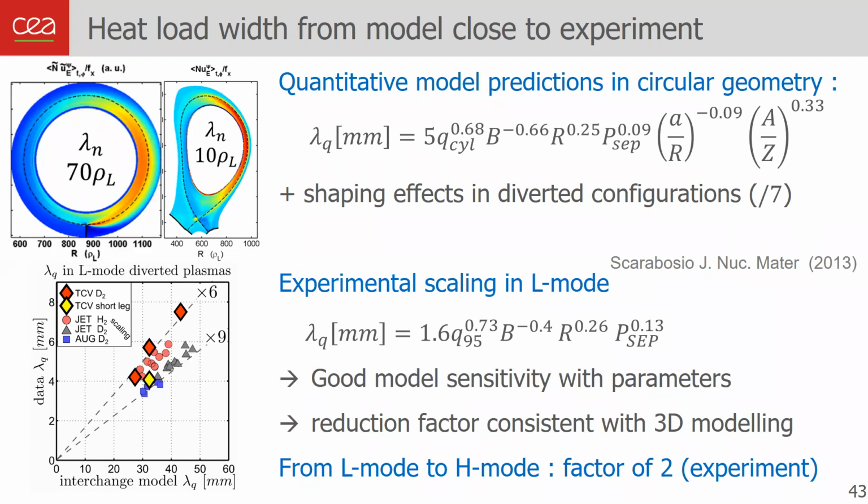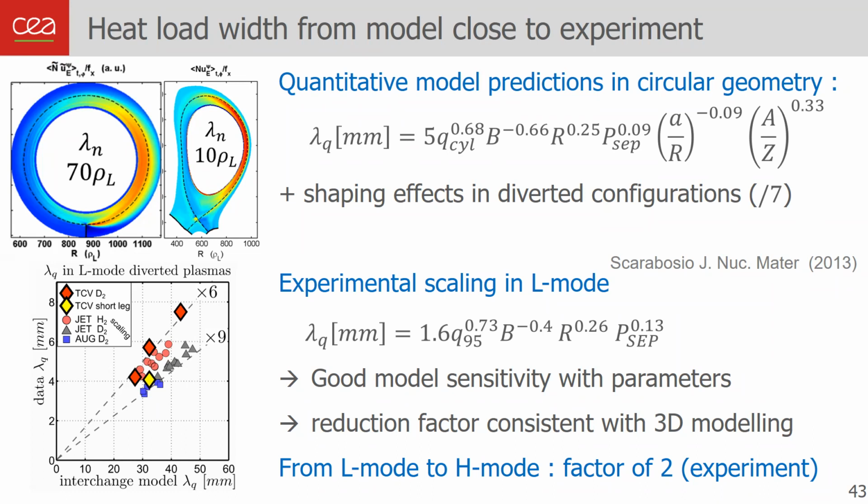Yes, I totally agree with your point. And have you looked at that? Do you have a feel? Because in WEST you can probably do that in a continuous way, right? So you start limited, and then you progressively build up your divertor, your X point, and measure things.